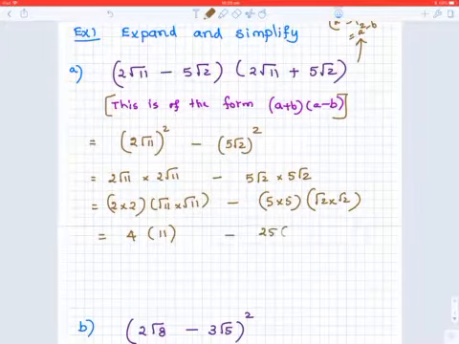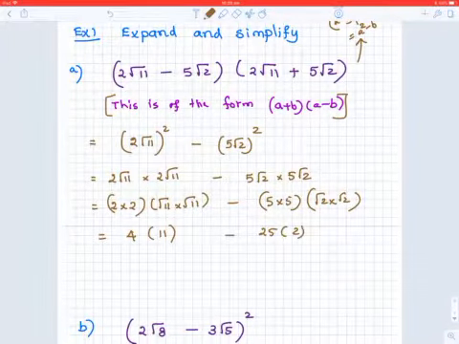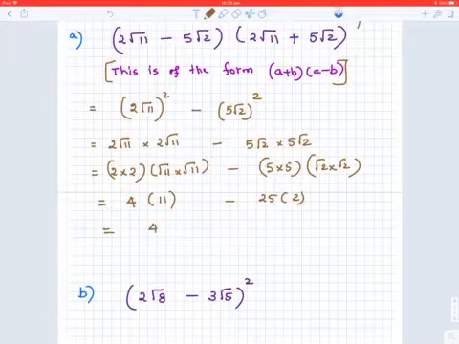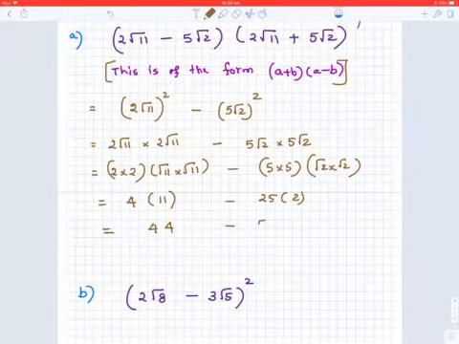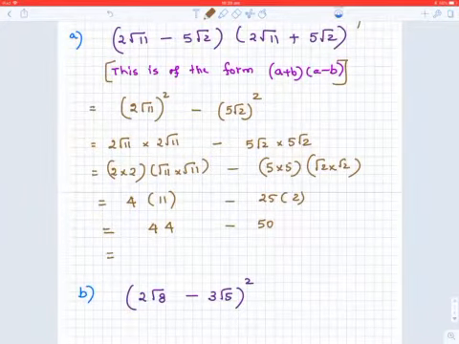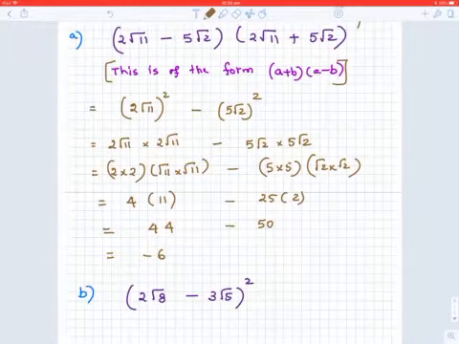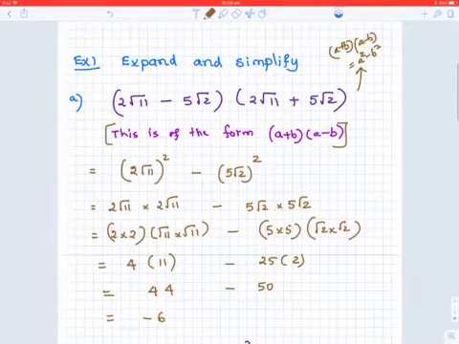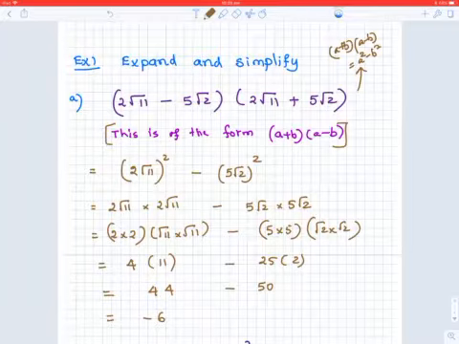Now 2 times 2 is 4(11) minus 25(2), which is 44 minus 50, which gives the answer −6.